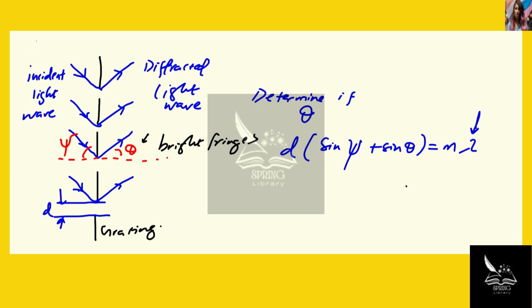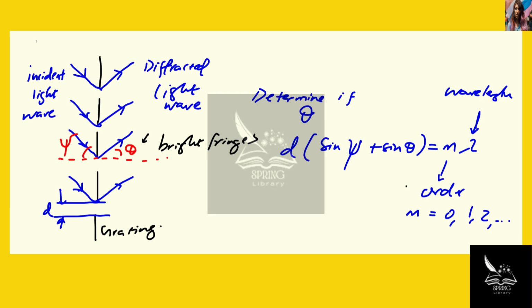Remember, lambda is the wavelength, and m is the order. In this instance, m can stand for 0, 1, 2. These are all integers for m.